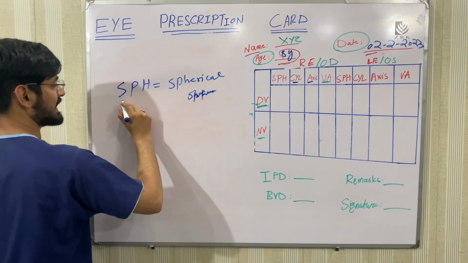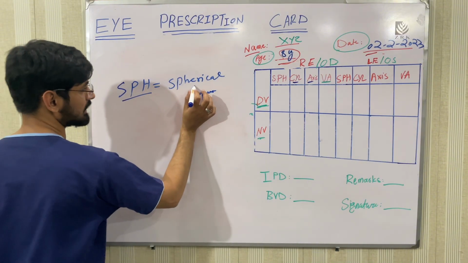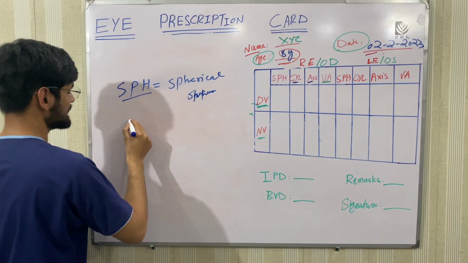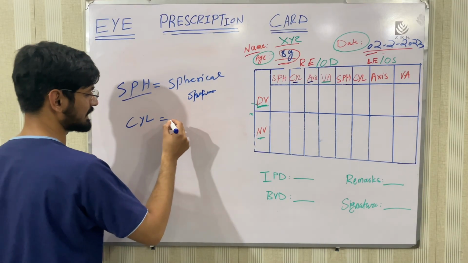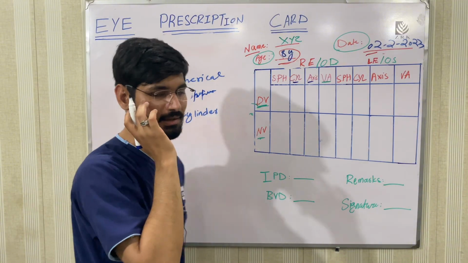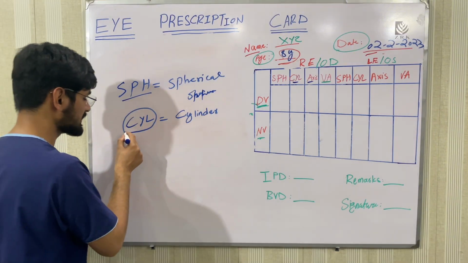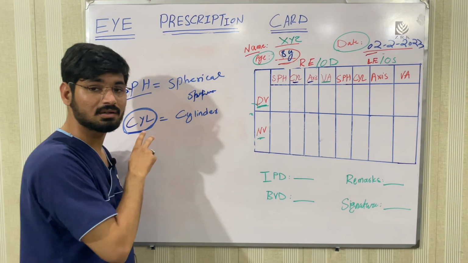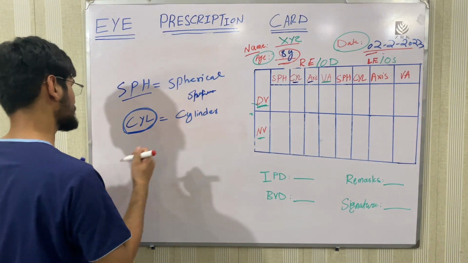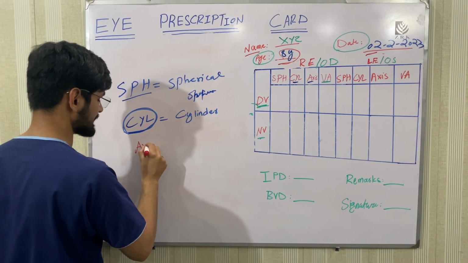CYL means cylindrical number in my glasses. So this is the important thing: if we see a cylinder, there will always be an axis. No cylinder without axis.